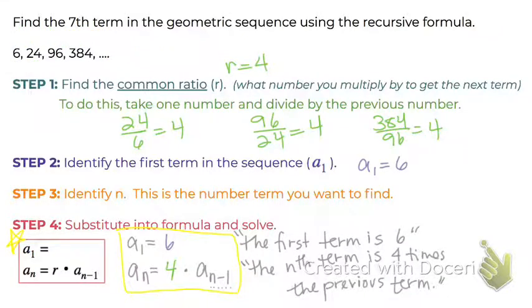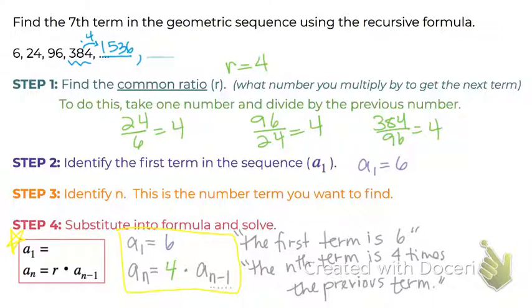So I think the most difficult thing about recursive formulas is being able to read it. Once you're able to read that this is saying the first term is 6, to find the nth term, any number term, you take 4 times the previous term. So if you can read that, then you know all it's saying is to find this term, I just take the previous term and multiply it by 4.